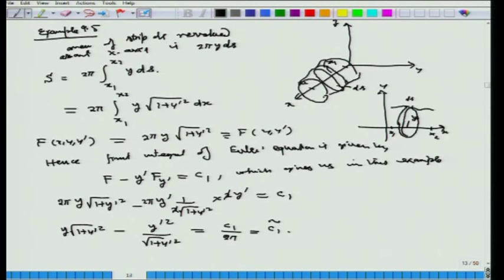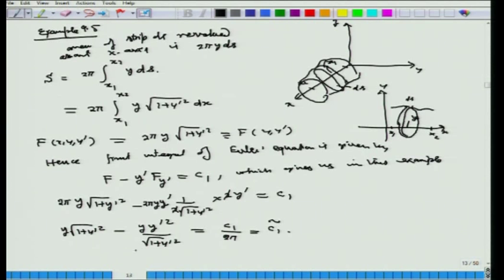Here 2 pi y should also be there, which I missed. Y prime, this factor is coming from here.